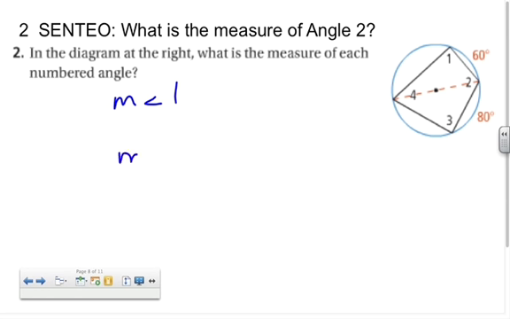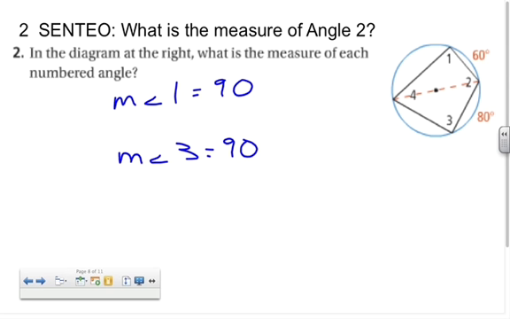Angles 1 and 3 should have come easily to you. They are both 90. Gentlemen and ladies, let's refocus, please. Angles 1 and 3 are both angles inscribed in a semicircle. We know that they will be 90 degrees.